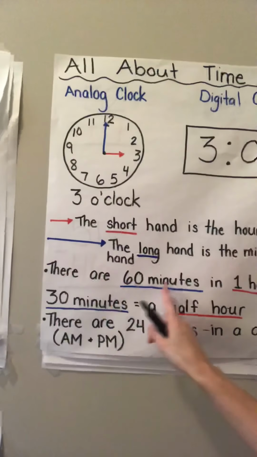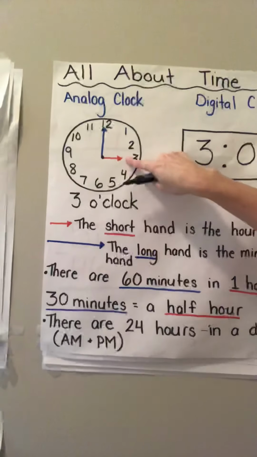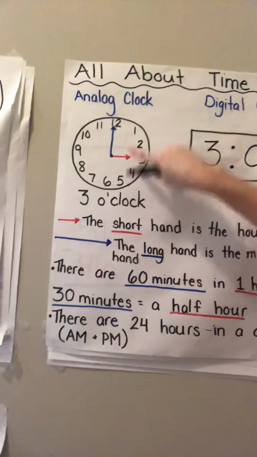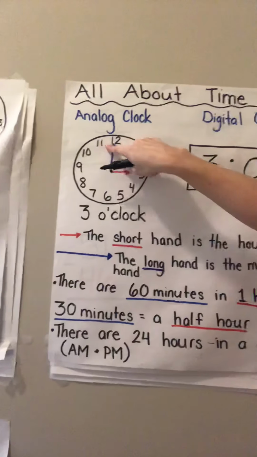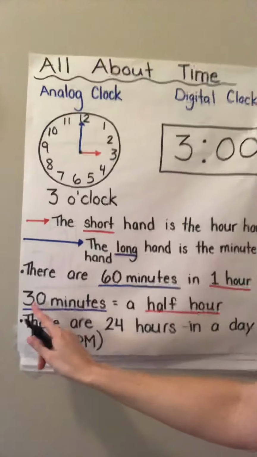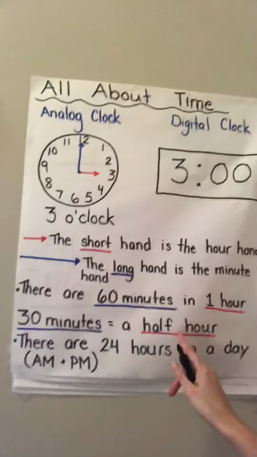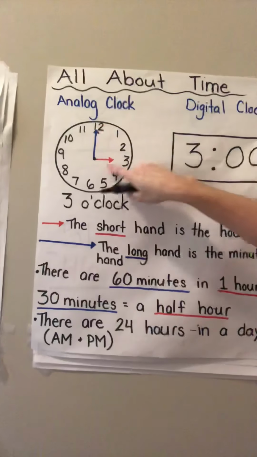There are 60 minutes in 1 hour. So for us to get to a new hour, to get from 3 to 4, this minute hand goes around, it takes 60 minutes for it to go all the way around to the next hour. There are 30 minutes in a half hour. So to split this in half, instead of going 1 hour, we do half an hour.